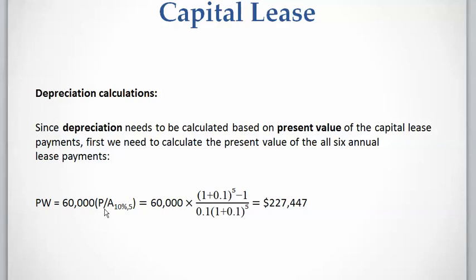So we can use the factor P over A, or this equation, to calculate the present value of all these 5 payments of $60,000 at the lease interest rate of 10%. So the present value is going to be $227,447.